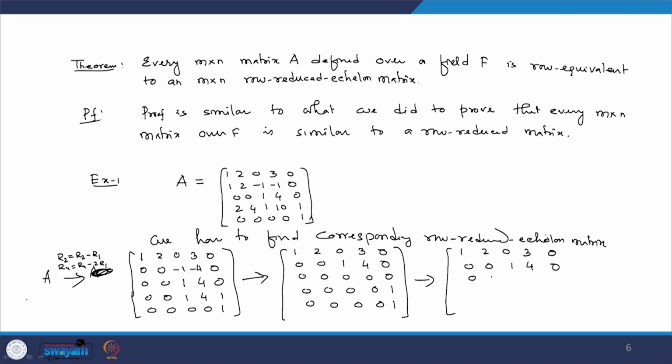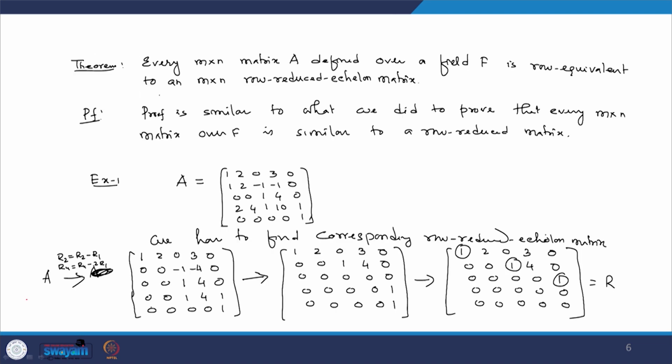So it will be 0, 0, 0, 0, 1 and the fifth row, if I subtract the third row from that, then I will have basically again 0, 0, 0, 0, 0 and 0, 0, 0, 0, 0. So this is the final form. Now this matrix is a row-reduced echelon matrix, and the leading entries appear in K1, I can say that.